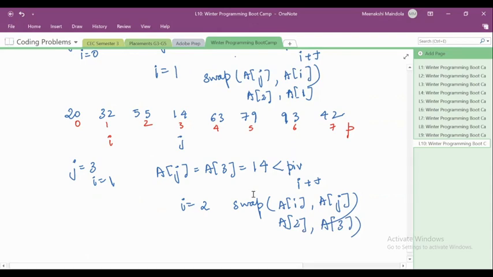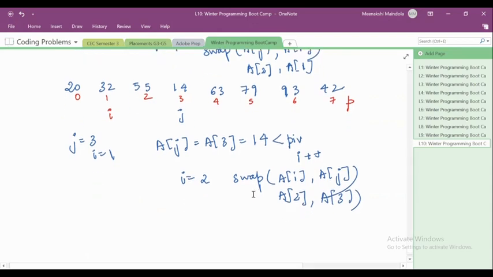So what is basically happening here is you compare each element with the pivot element. If that particular element is less than or equal to pivot, then you increment the value of i and swap a of i and a of j. Otherwise, you do nothing and move to the next iteration. That is the simple algorithm that you are going to follow.